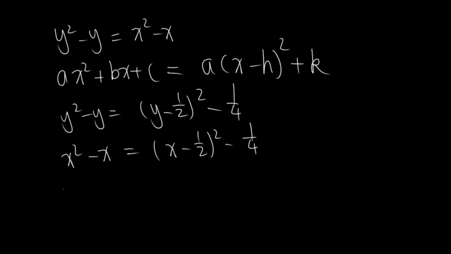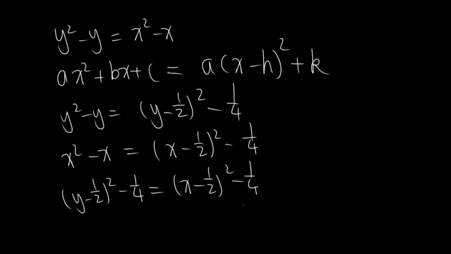And so the square of y minus a half minus a quarter is equal to the square of x minus a half minus a quarter. And now we can add a quarter to both sides of the equation, removing the extra term.